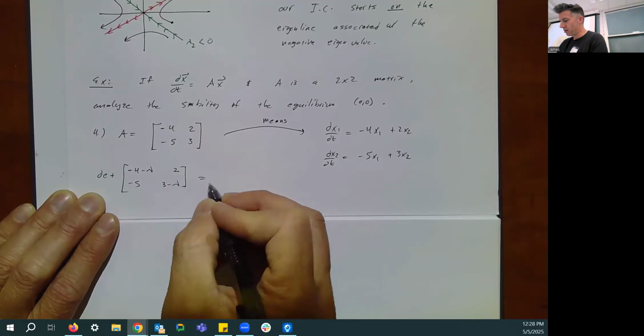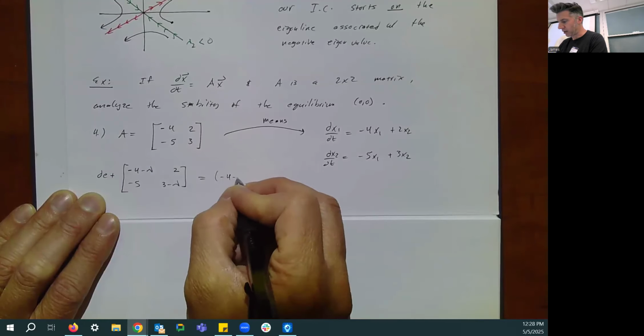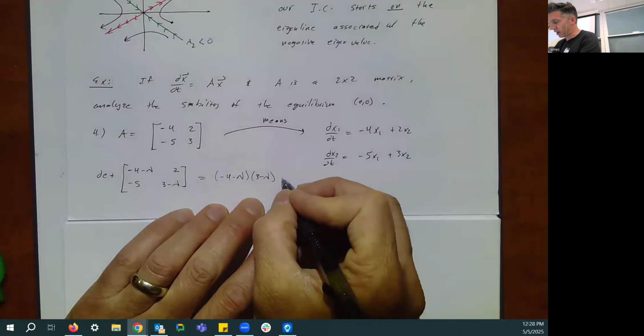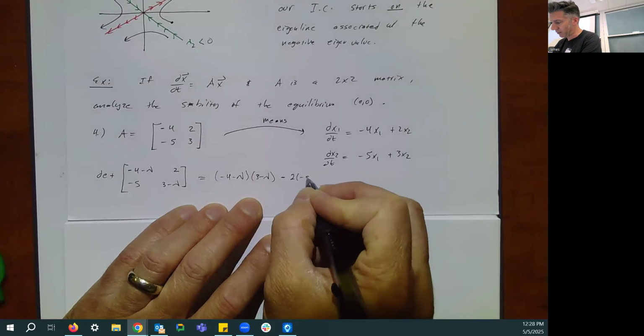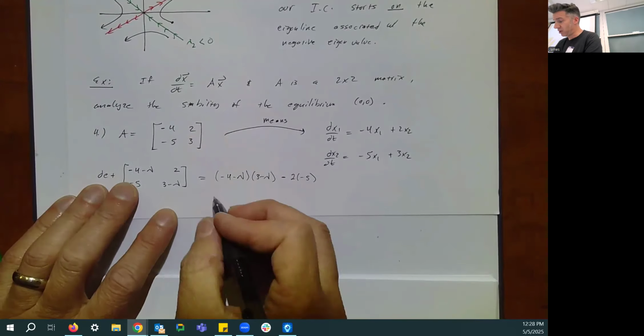Then multiplying it out, you get the product of the diagonals, negative 4 minus lambda times 3 minus lambda, minus the product of the off diagonals, 2 times negative 5, and setting that equal to 0 and solving it. It's not too terrible to do.